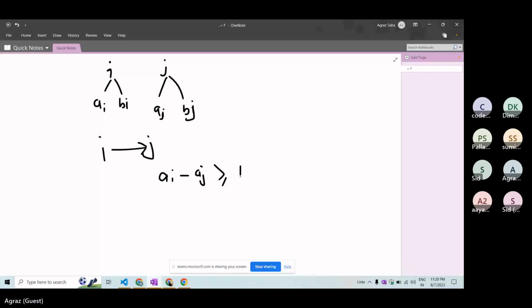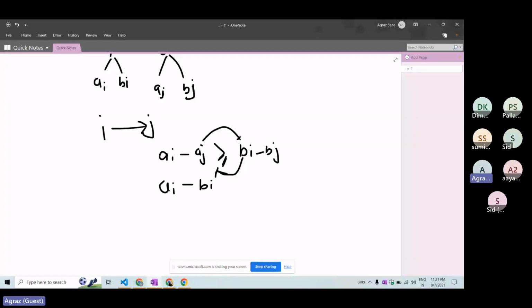So we can move this B to this side. It will become B of I, and from I will move this to this so that the sign will change, and from A of J I move this. So the inequality will become A of I minus B of I is greater than or equal to A of J minus B of J.